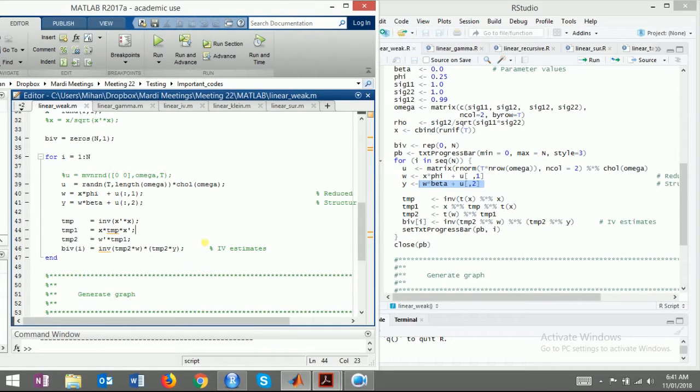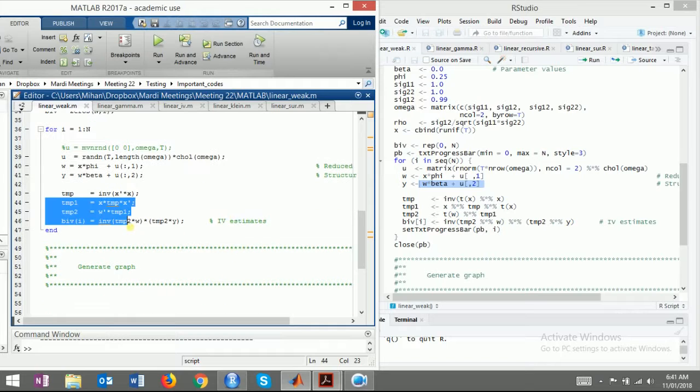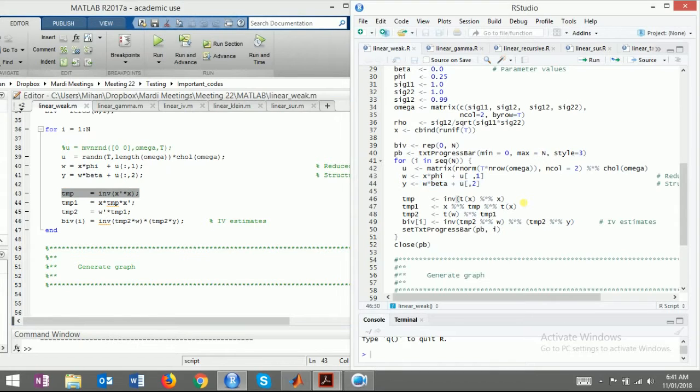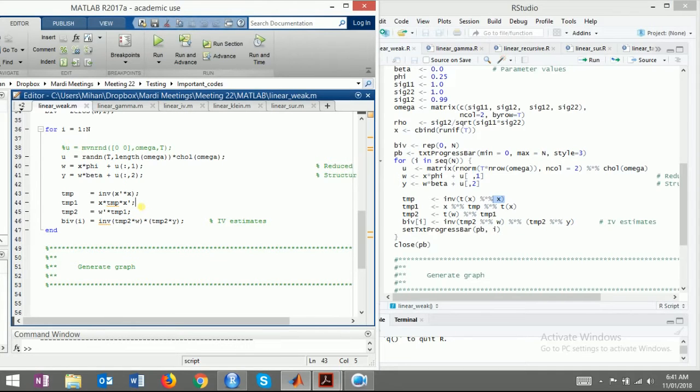Then let's prepare the loop for the instrumental variable. TMP is the inverse of x transpose x, which will come in between, right? TMP1 is x multiplied by the inverse of x transpose x multiplied by x transpose.